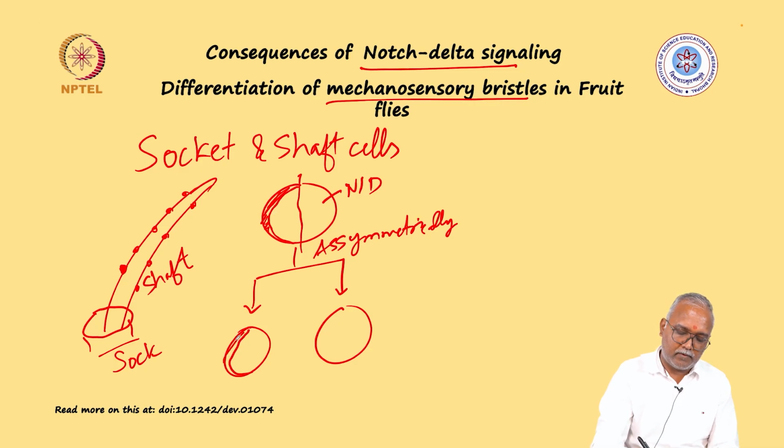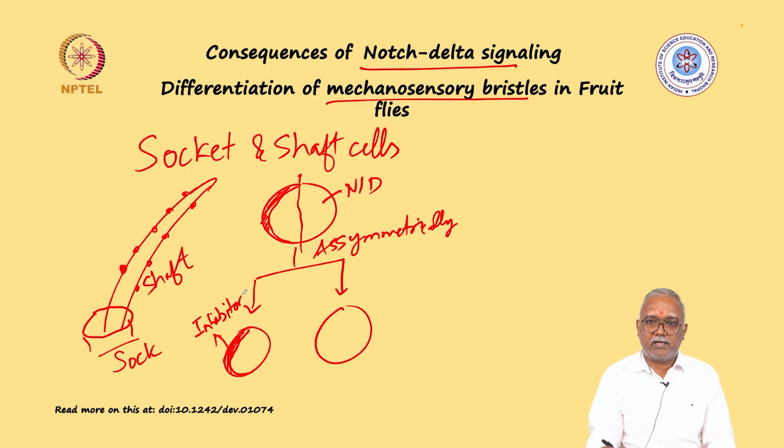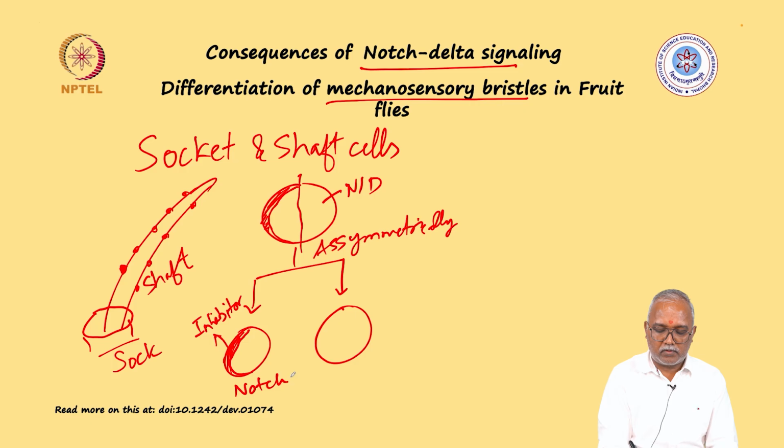So you will have one cell which receives the inhibitor and the other cell is perfectly fine. The inhibitor-receiving cell has Notch signaling off, and the one which does not have the inhibitor shows Notch signaling on.